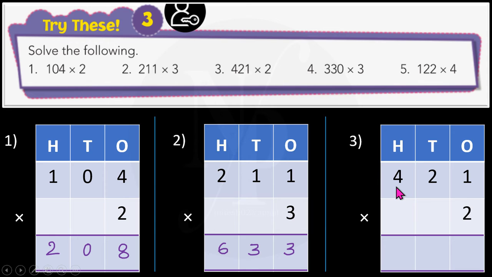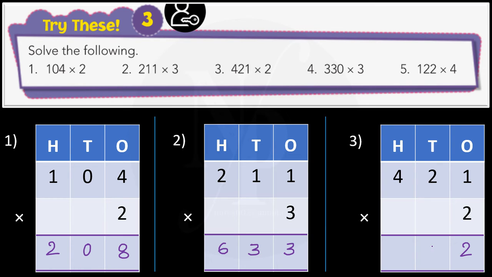So we have 421 into 2. So we write down these numbers in place values table like this, and we multiply starting from ones place digit. So 2 into 1, 2 ones are 2, and we have 2 tens here. Multiplying 2 tens by 2, we get 4 tens, 2 twos are 4.